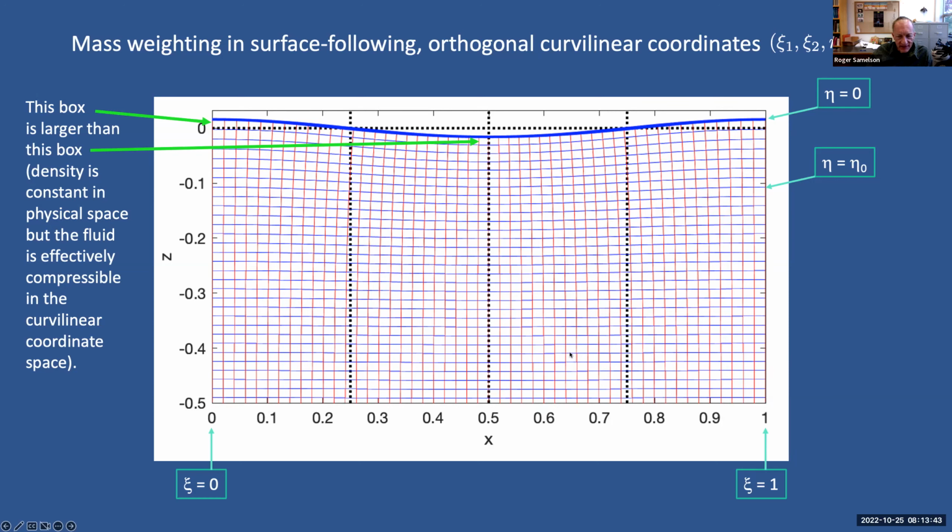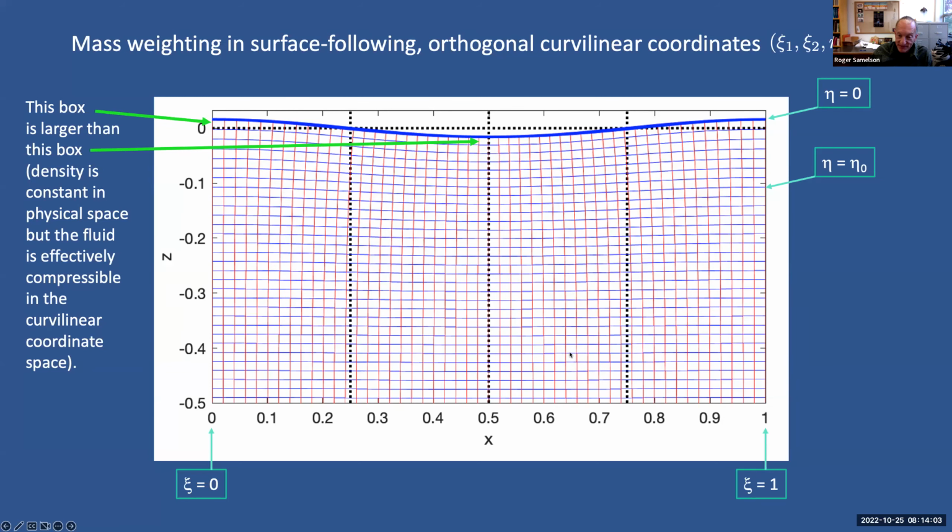And that is the effective compressibility of the fluid in this transformation. So there's basically a little bit more mass in that. The density is constant in the physical space, but it's compressible in the curvilinear coordinates. So there's a little bit more mass in the big box up at the top left than the little box in the center top.